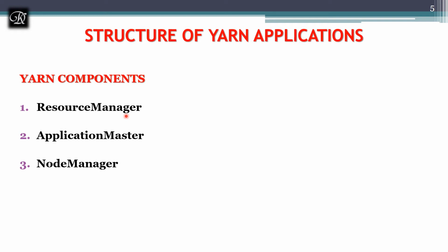The YARN Resource Manager runs as a scheduling daemon on a dedicated machine and acts as the centralized authority for allocating resources to various competing applications in the cluster. The resource manager has a central and global view of all the cluster resources, and therefore it can ensure fairness, capacity, and locality are shared across all the users.